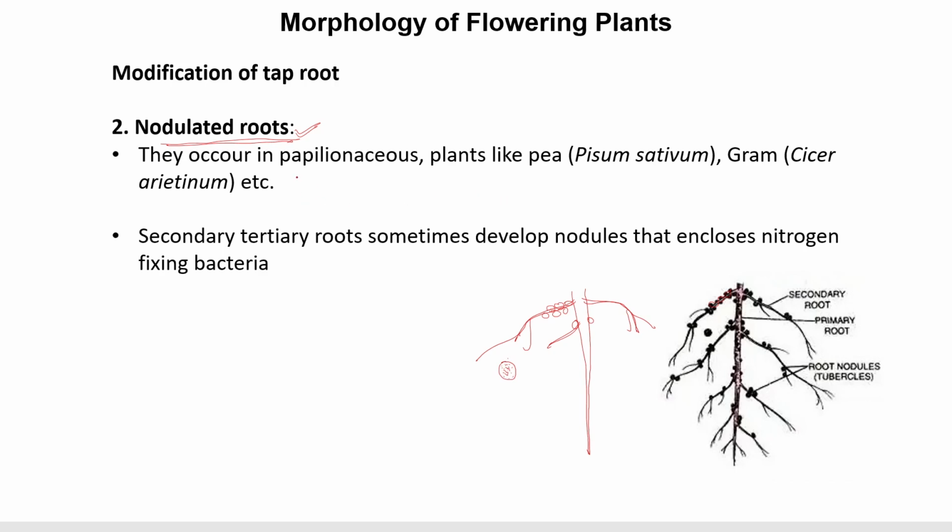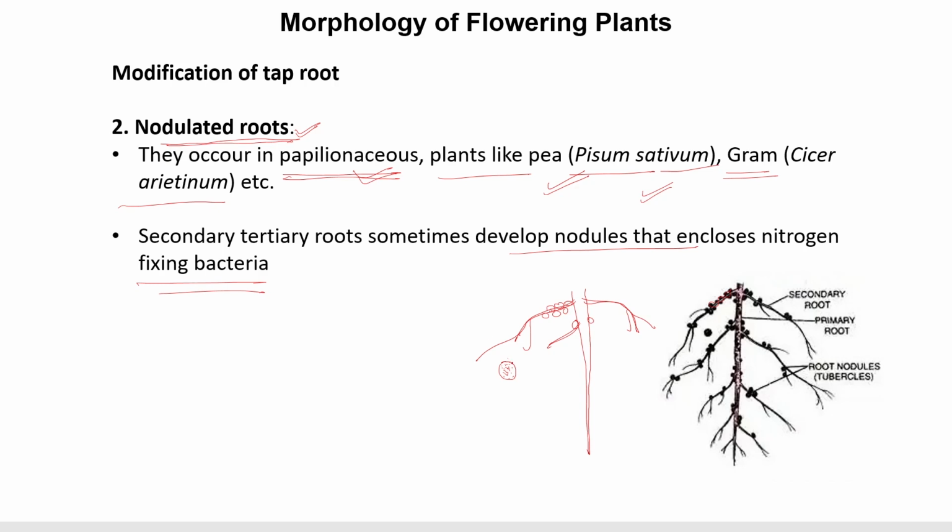So, generally, they occur in papilionaceous plants. That is a family called Papilionaceae. For example, Pisum sativum, pea plant. In Hindi, we call it matar. So, pea plant has such type of nodulated roots. Gram, Cicer arietinum, that is chana. Okay. Secondary and tertiary roots sometimes develop nodules that enclose nitrogen fixing bacteria.